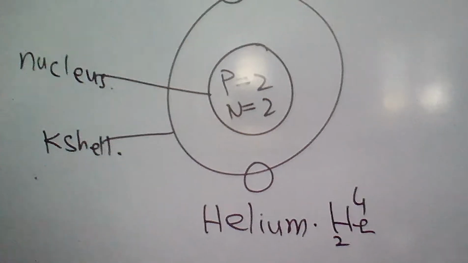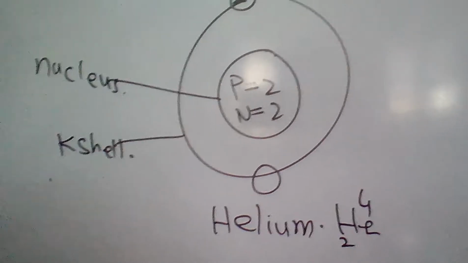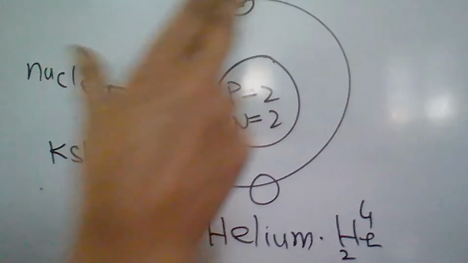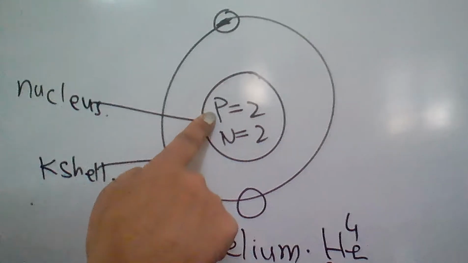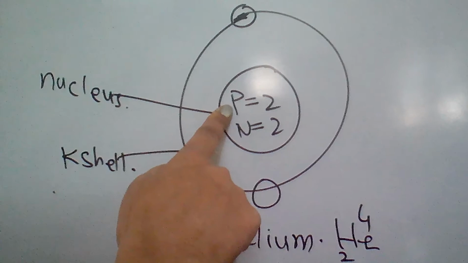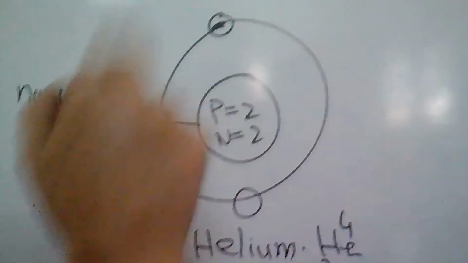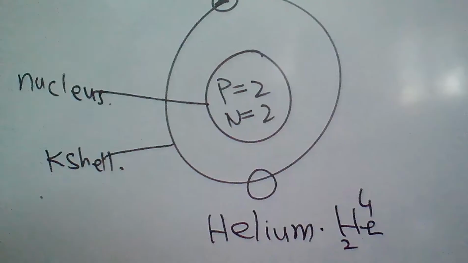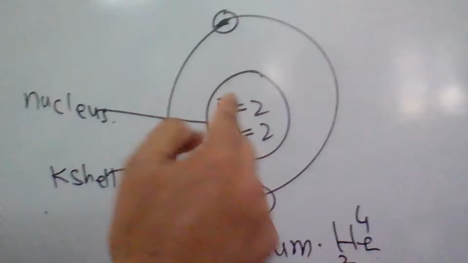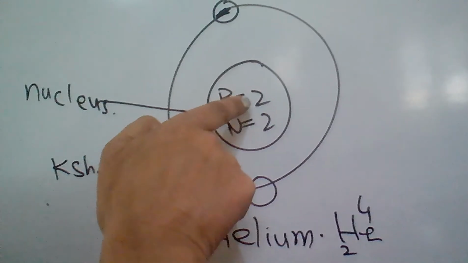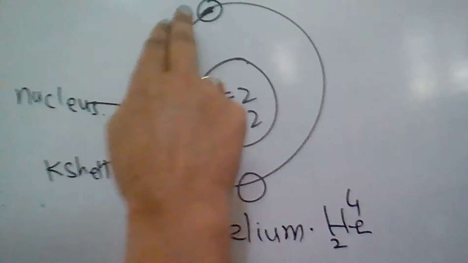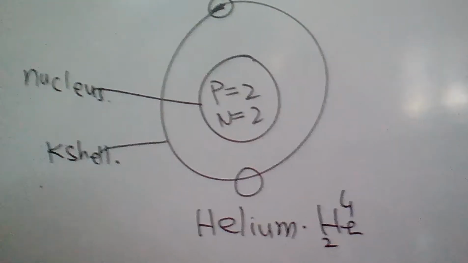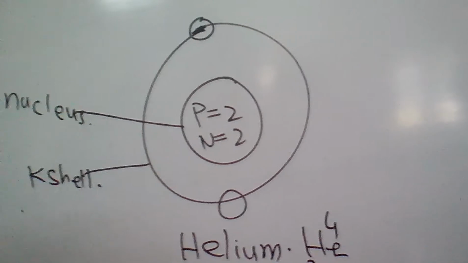And always remember that we allot as many electrons as the number of protons. So, the number of protons is always equal to the number of electrons, and in the nucleus 2 protons are present, so we'll arrange 2 electrons in the shells.